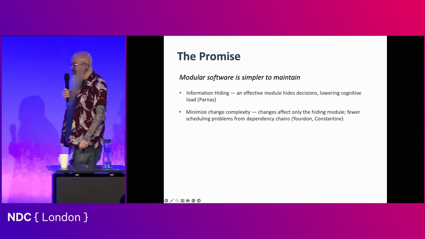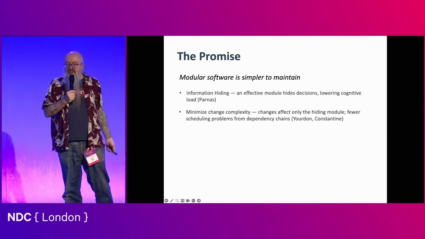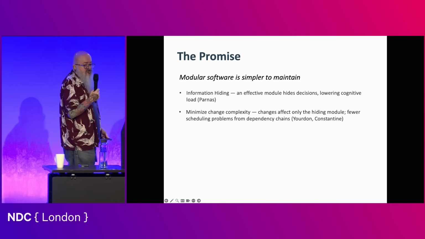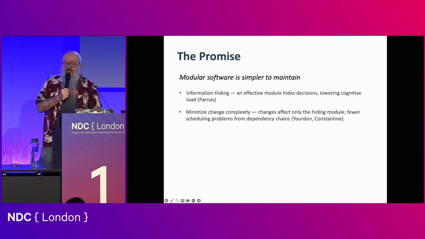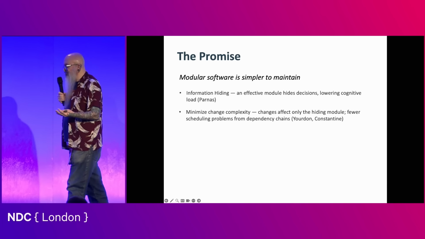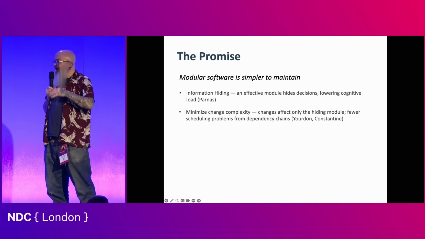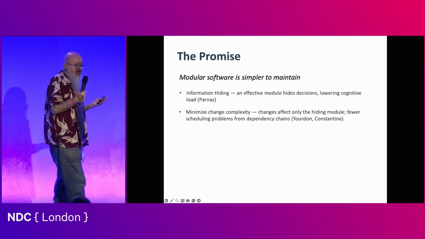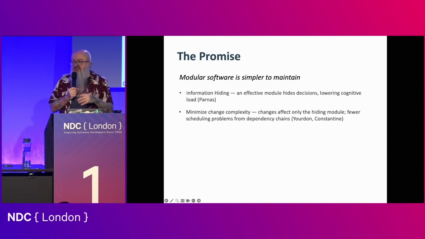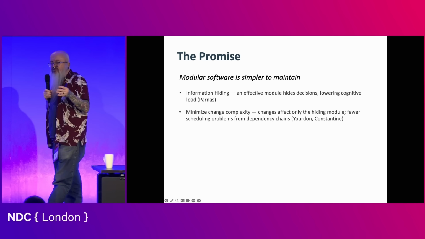We want to minimize change complexity. Right? This is the idea of having one kind of responsibility, such that the change to one module shouldn't tend to ripple out and change lots of other modules. It also means, in a sense, cohesion, this idea that my changes should be co-located in one module. There's an anti-pattern which you may see or smell called shotgun surgery. And the problem of shotgun surgery says when I want to change X, I've got to touch 15 or 16 different modules in order to make that change.